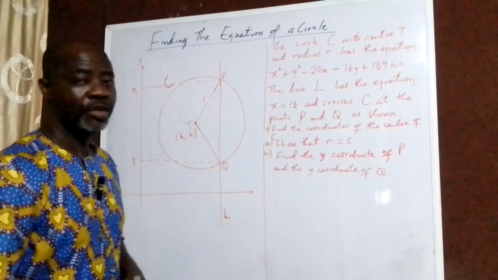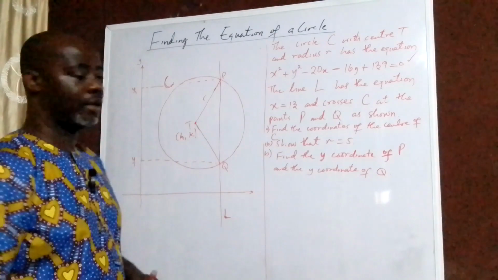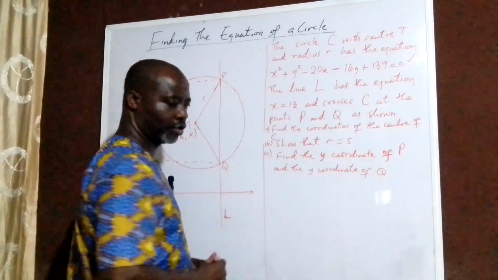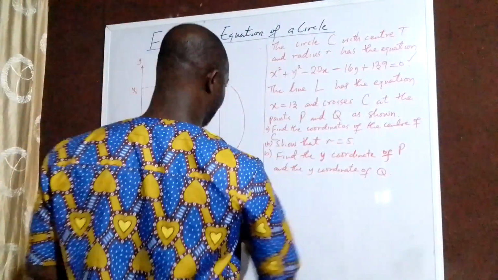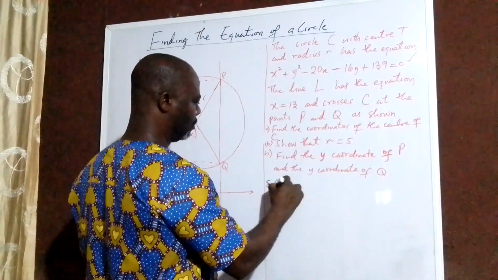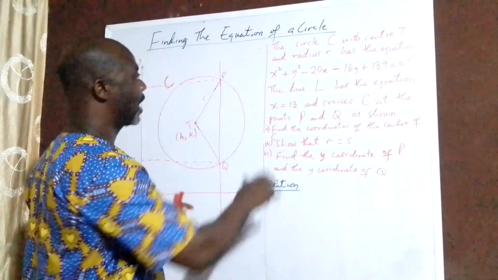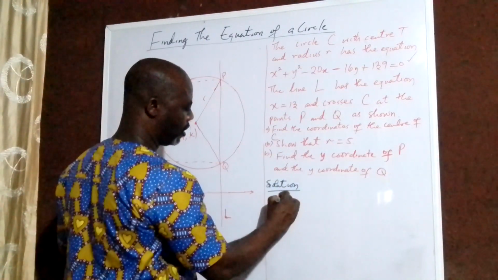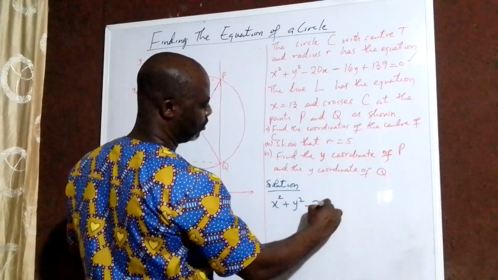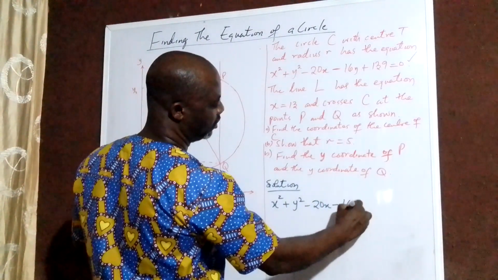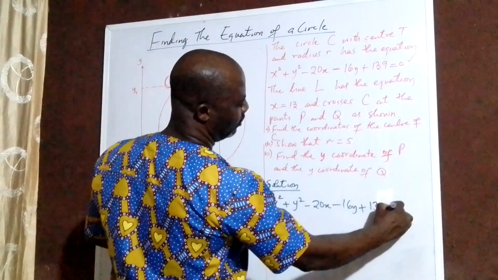So what we are going to do is to start with this equation that has been given. Okay? So I'm going to start with the solution. We start with the equation x squared plus y squared minus 20x minus 16y plus 139 equal to 0.